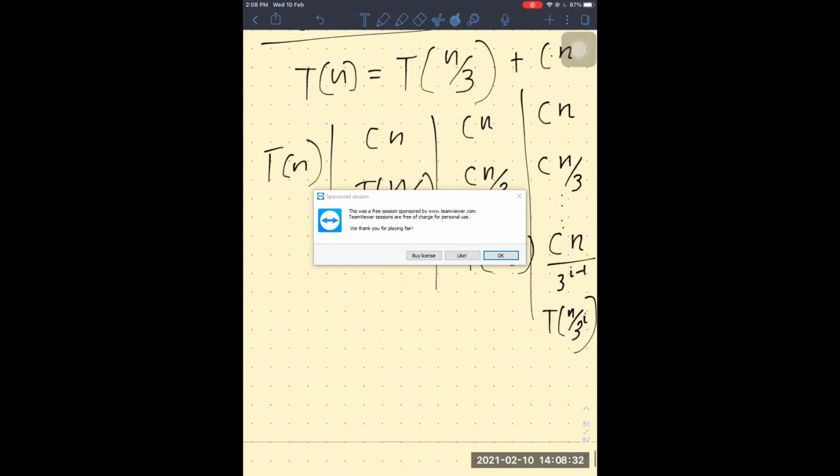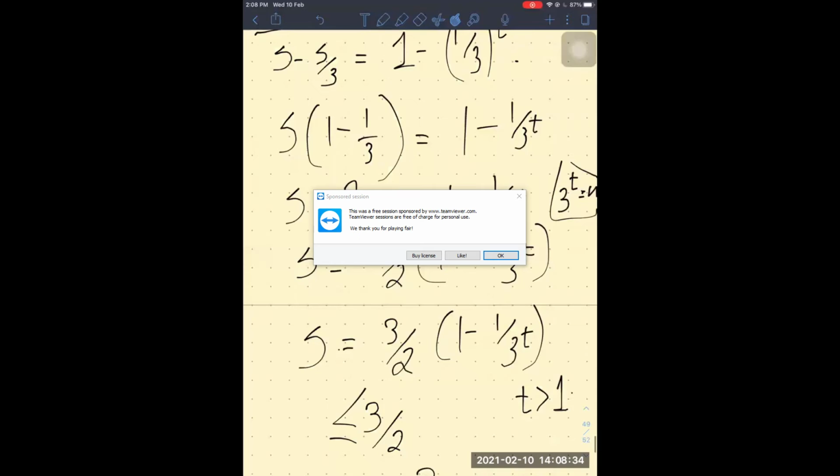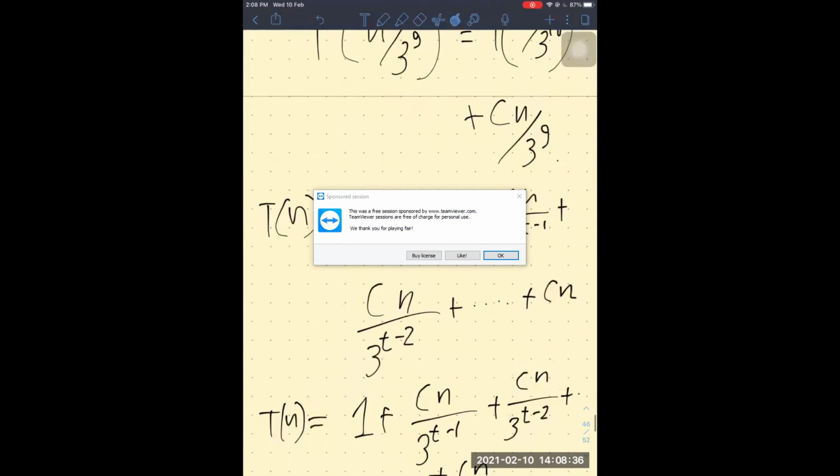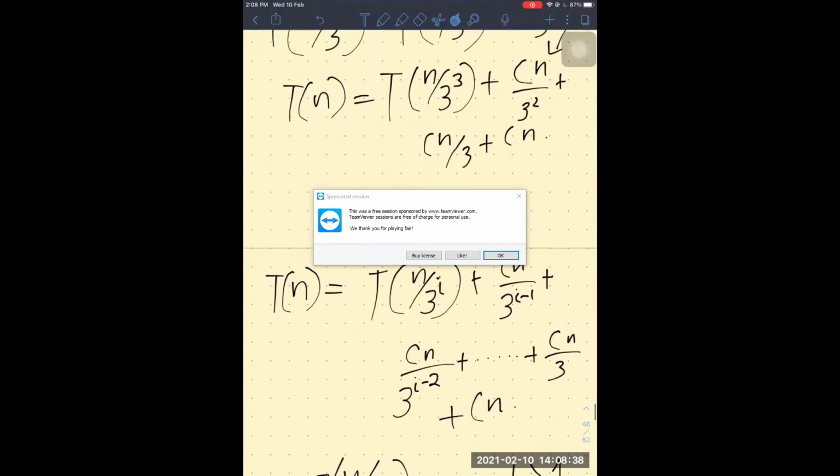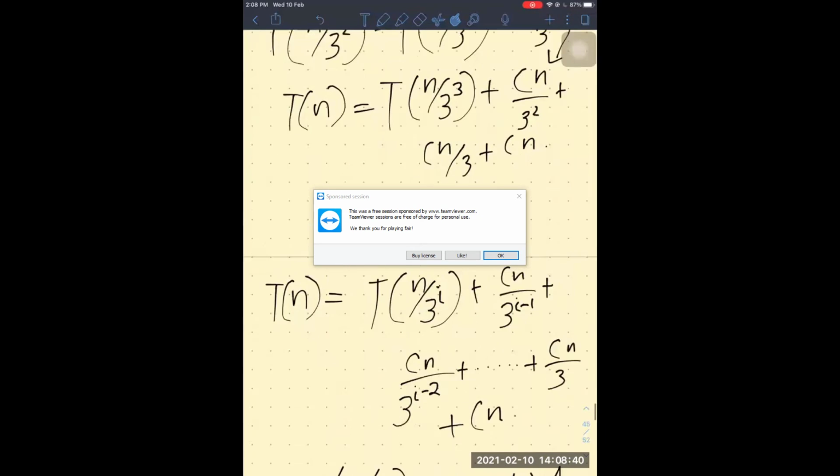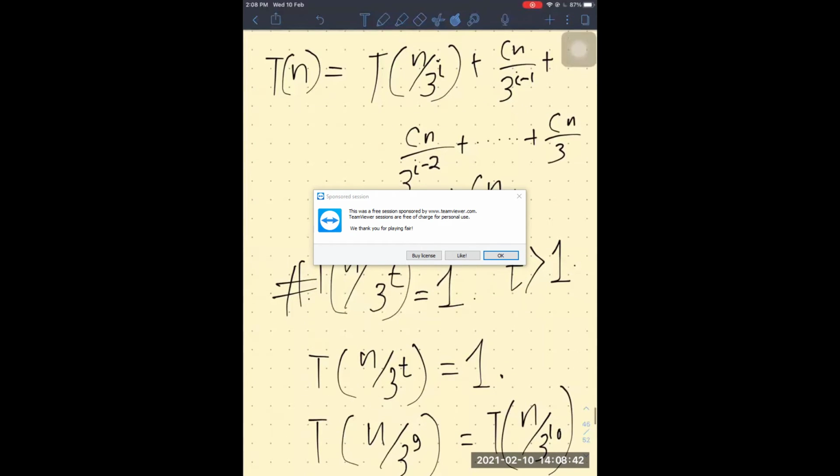So this is the same thing that we did iteratively before, just one other way of expressing it using the recursion tree. We'll get the same series if we consider the recursion tree.